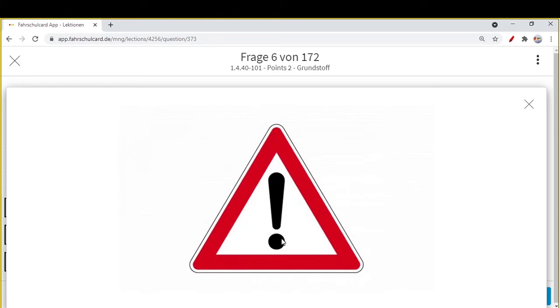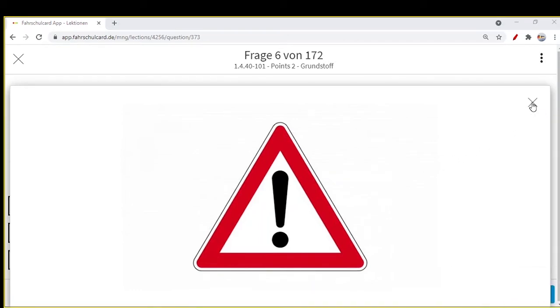And then what kind of danger? There will be some extra sign, for example related to some jungle, some snow on the road, some stones on the road, some other problems on the road. But this red triangle, a danger, means 150 to 250 meters ahead of you. But what kind of danger? This we will see in upcoming questions.